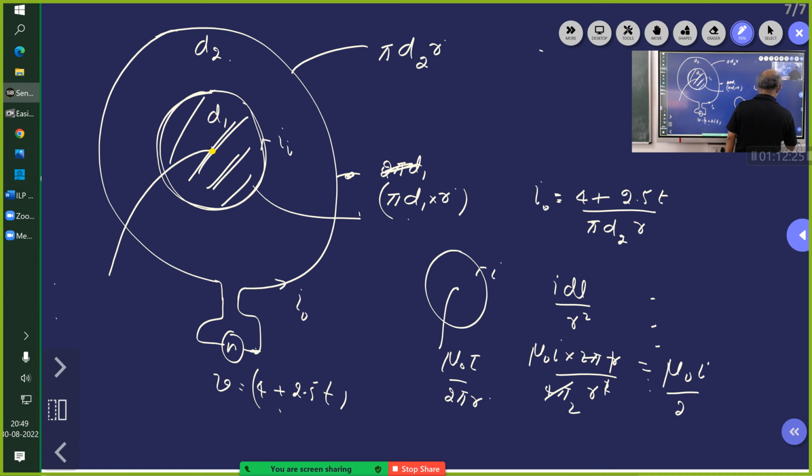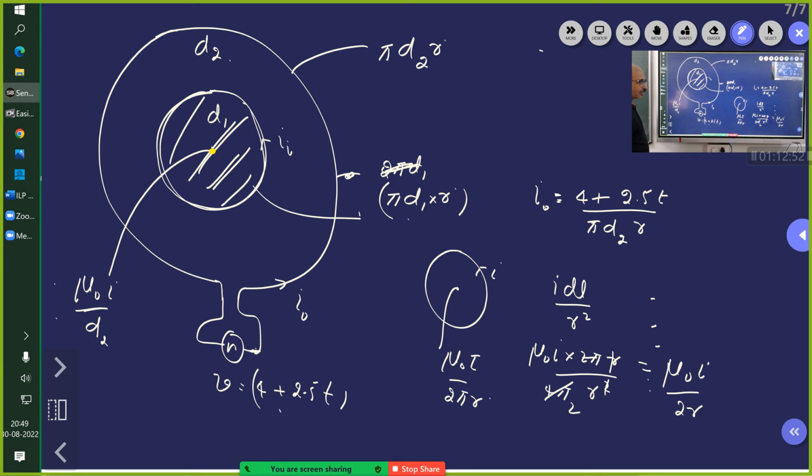Mu naught I by 2r, not 2 pi r. I derived it instantly. Mu naught I by 2r. So here r will be d by 2, so we will write d2 as the diameter. That is the magnetic field at the center.